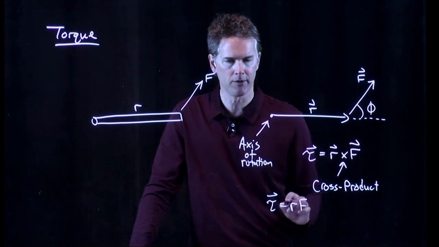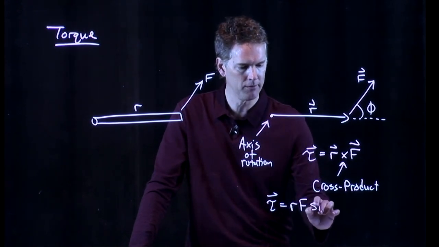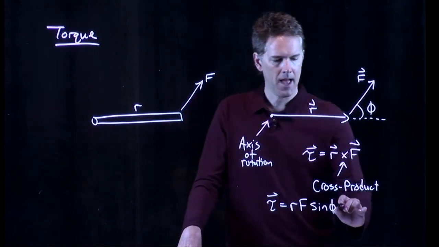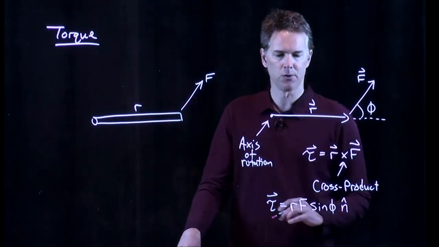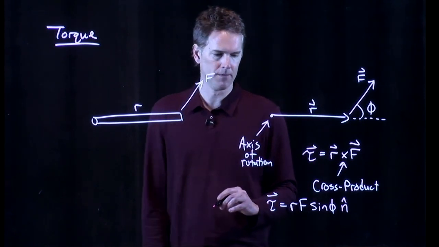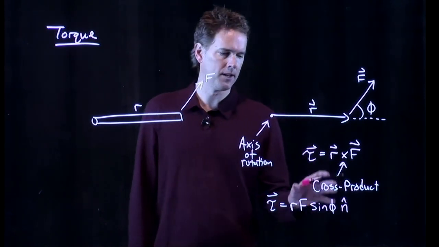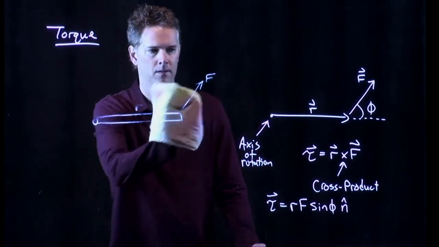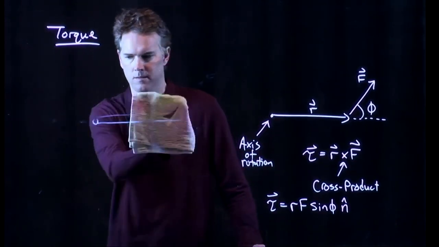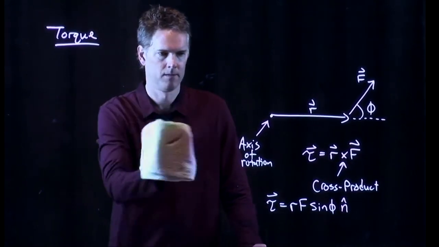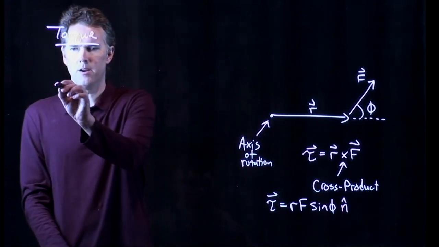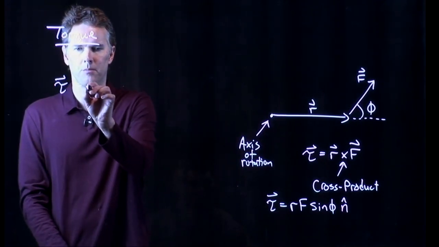It's the magnitude of R times the magnitude of F times the sine of the angle between them, and then there is a direction associated with it. This is the definition of the cross product. So let's write that over here and we will talk about some of those terms.